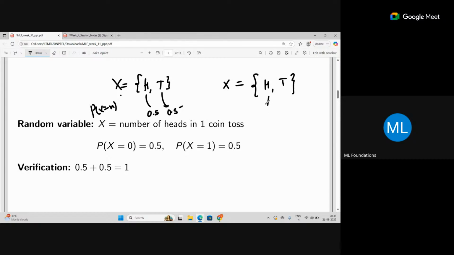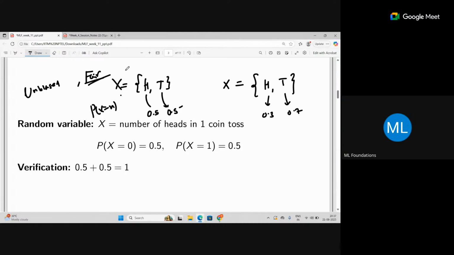When I say fair coin, what does that mean? The probability of getting a head and the probability of getting a tail are the same, which is 0.5 and 0.5, correct? And success and failure are the same. This is also called an unbiased coin. Is that fine?